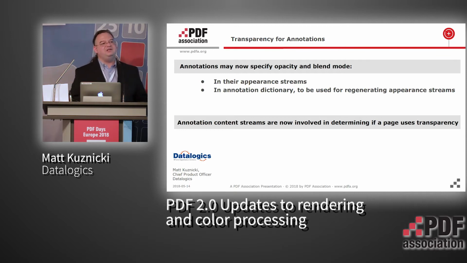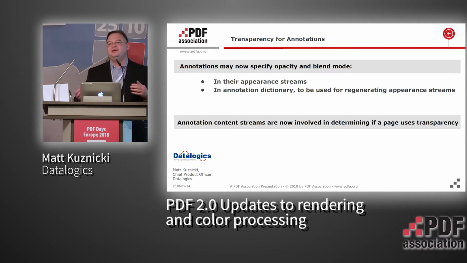And in annotation appearance dictionaries, there is now an opacity specification such that when annotation appearances are regenerated, for example, when a user changes an annotation in a viewer, the appearance of the annotation when it's regenerated now has this opacity that can be carried through and maintained by viewers and processors.